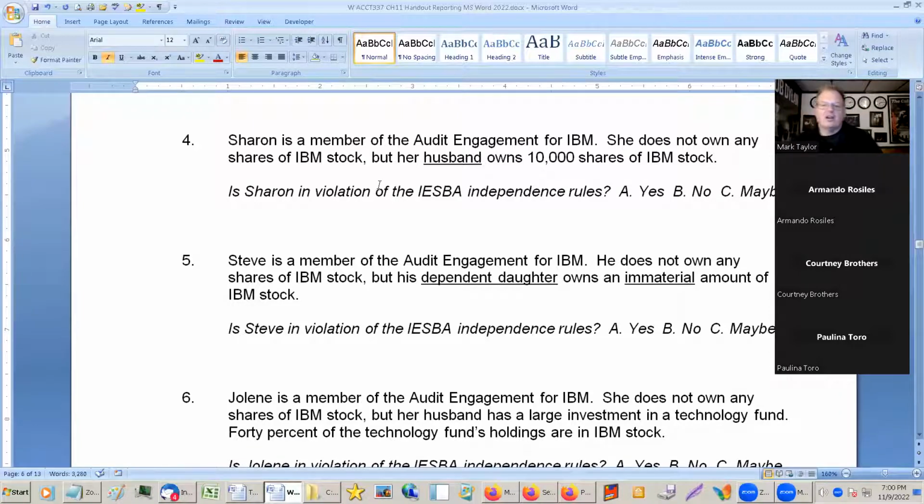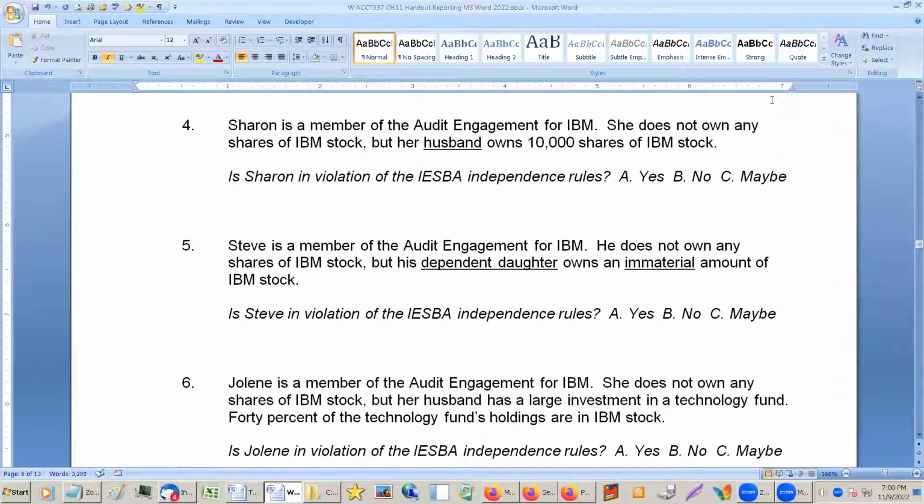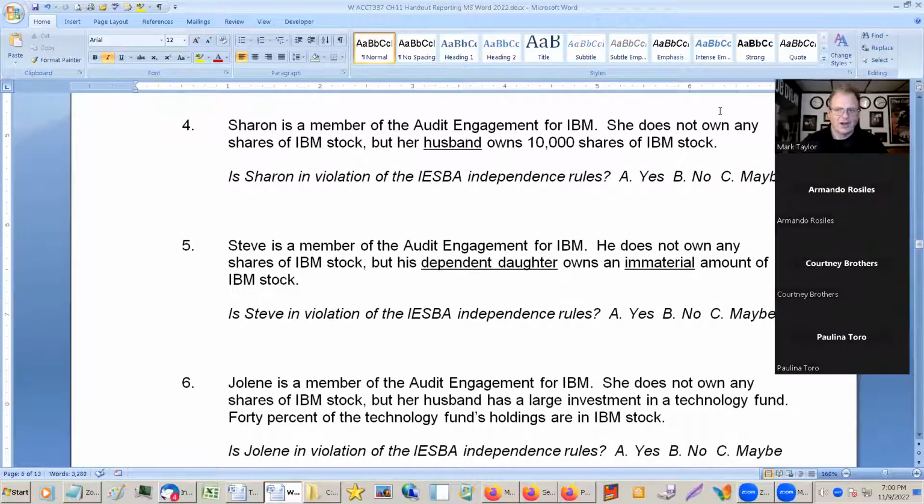Sharon is a member of the audit engagement team for IBM. She does not own any stocks, but her husband owns 10,000 shares of IBM stock. Is Sharon in violation of the independence rules? Anyone hazard a guess?